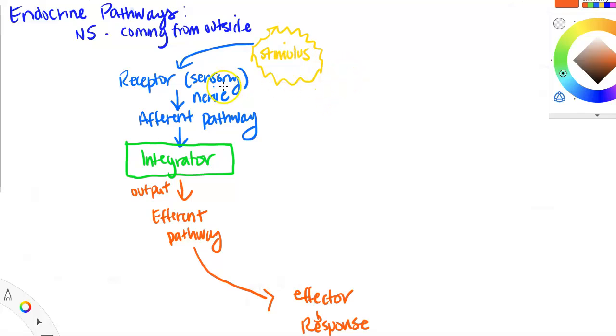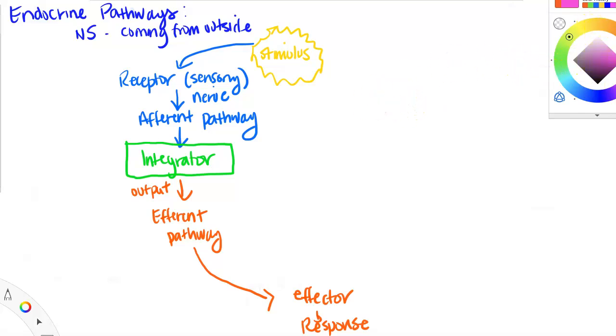Okay, stimulus to a receptor. The receptor picks up the stimulus, is strong enough, will send an action potential down a sensory nerve, which is the afferent pathway, to the integrator, which will then send a response down an efferent pathway to an effector. Should be review.